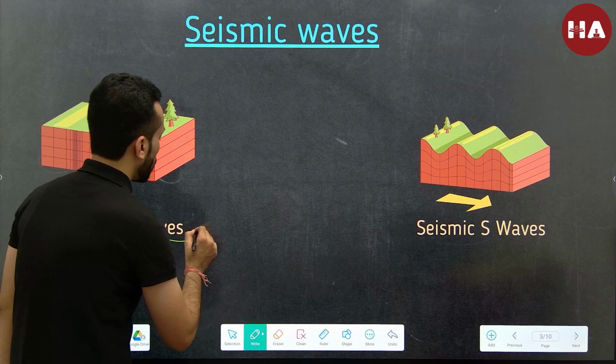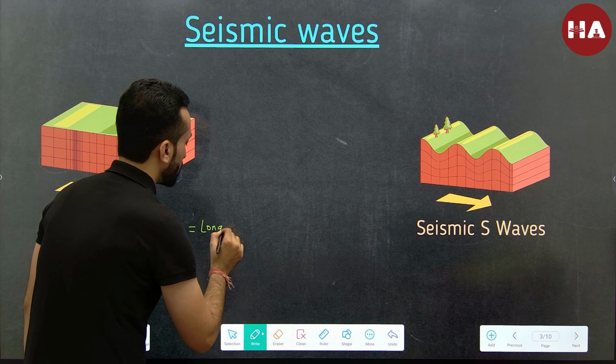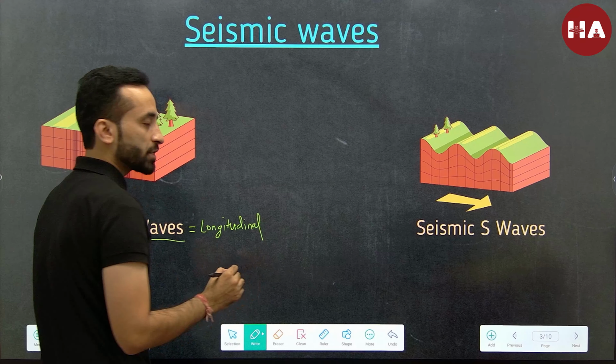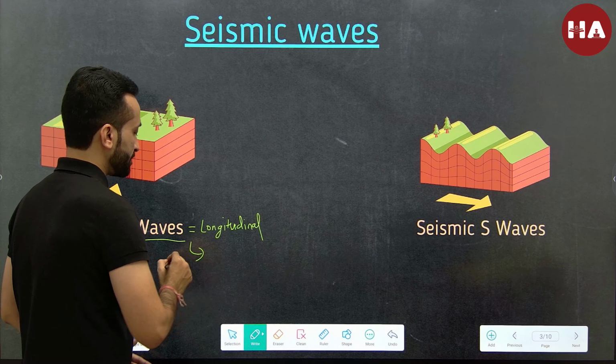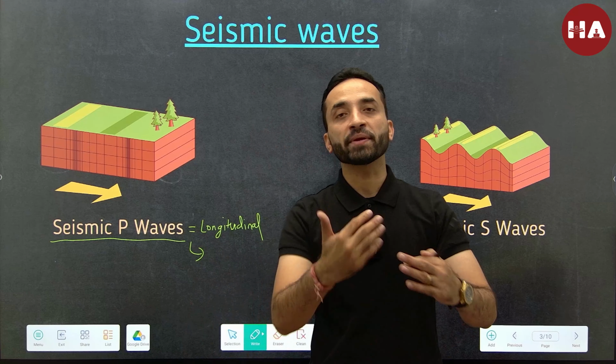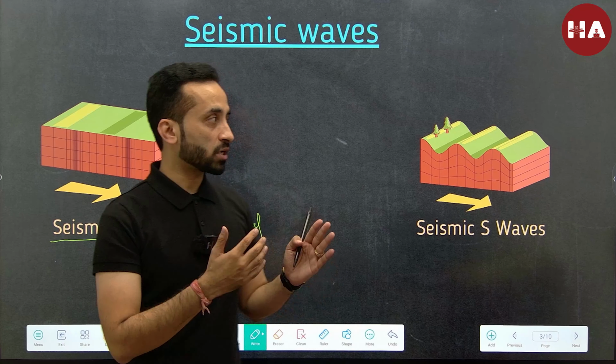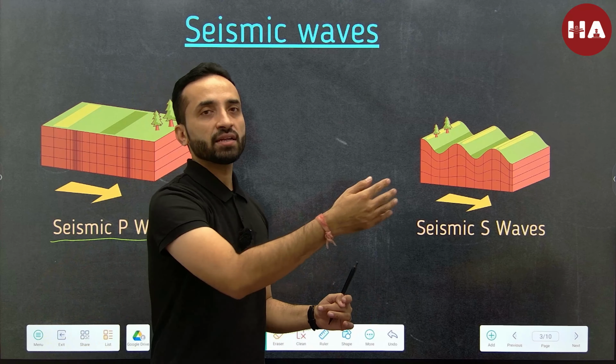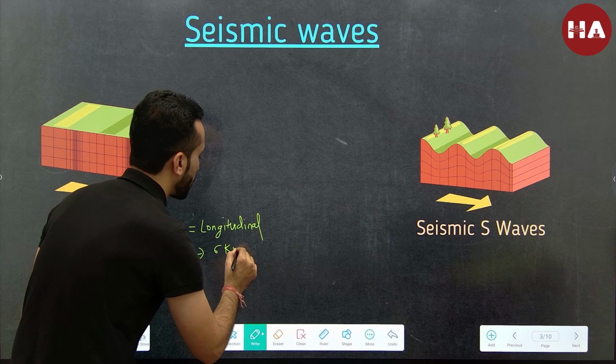These are longitudinal. So many times you will have question on this. These are longitudinal, their speed. So when I say wave speed now, even though I have not talked about it yet, that is the speed with which the propagation is happening, right? So the wave speed of longitudinal wave is about 6 km per second.